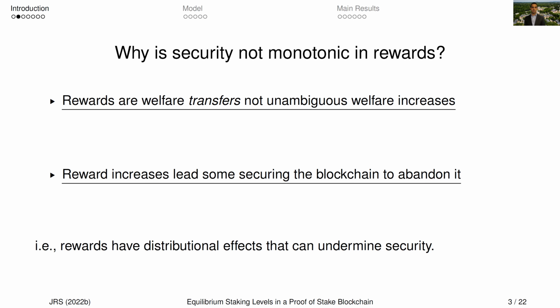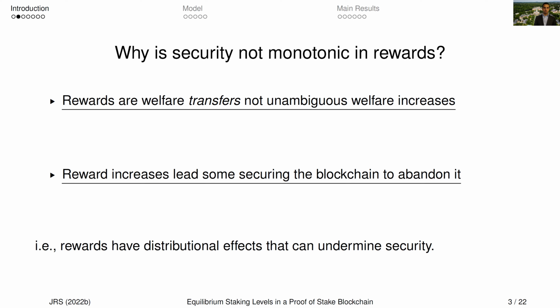And it turns out that while, yes, they go to some of the people who would be securing the blockchain, that transfer is actually coming out of some of the other people who could secure the blockchain. And so another way of saying it then is that rewards have a distributional effect that can undermine security. They benefit some people who will give you more security, but they also undermine the situation of some people, and that can actually compromise your security. And so you have to weigh those things.